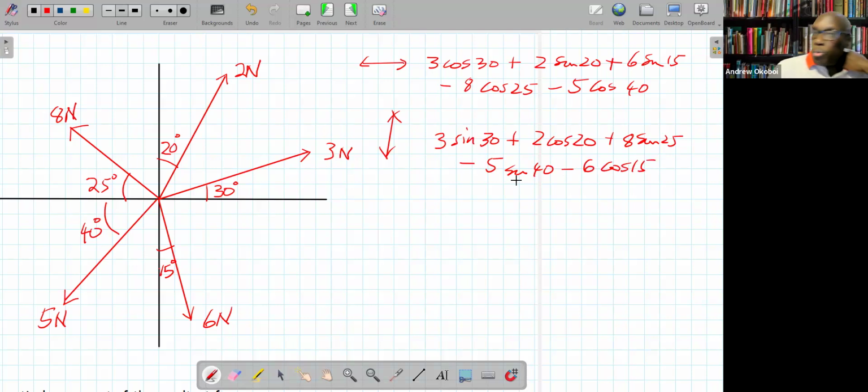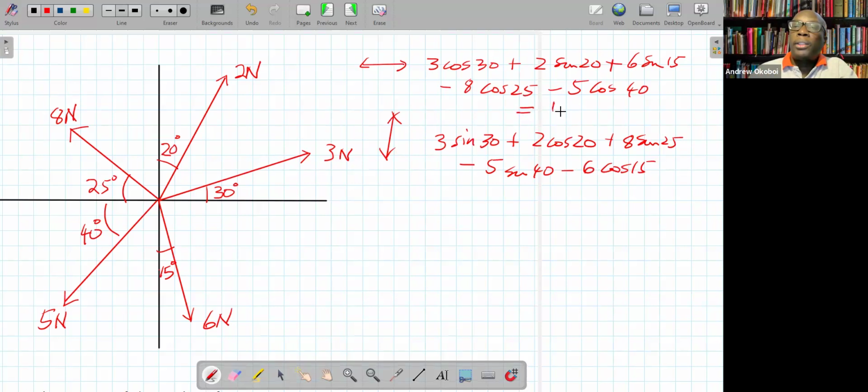And that's how you get both the vertical and the horizontal. If you did this correctly, this would be 1.01 newtons. Actually, it's the other way around. So this one is, and this one here is minus 6.25.